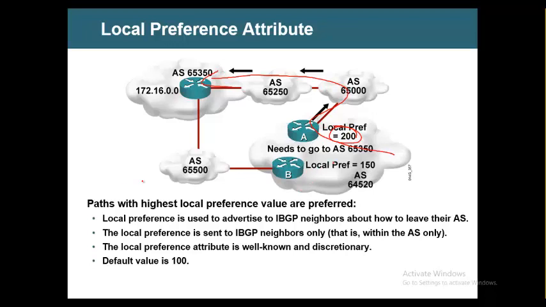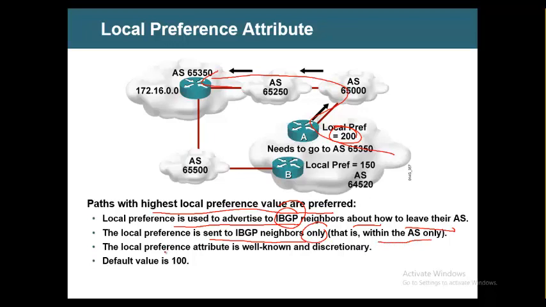See, BGP paths with the highest local preference values are preferred. Local preference is used to advertise to IBGP neighbors about how to leave this autonomous system. If the number is big, that is the router you should leave this autonomous system through. Local preference is sent to IBGP neighbors only.